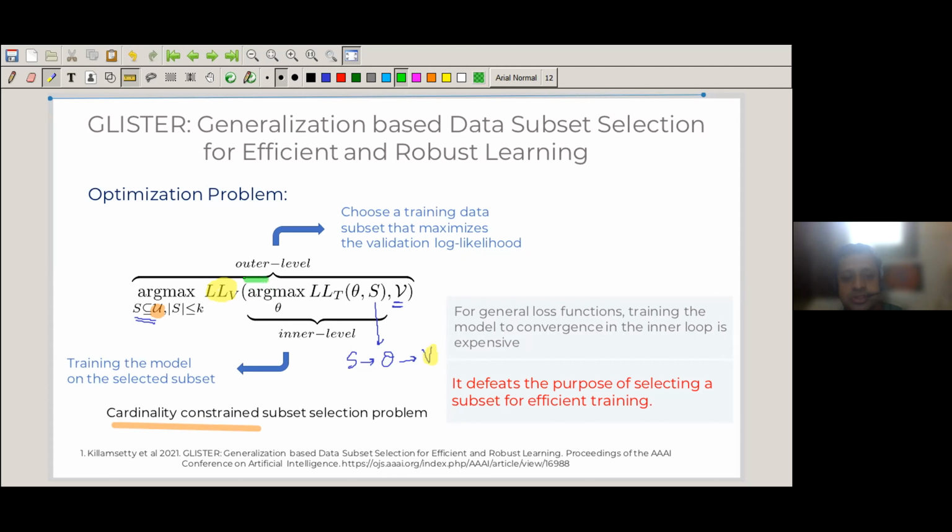This is a very expensive step, because every time you identify a subset, I'm going to estimate the parameters theta. So the inner loop is expensive, and in some sense defeats the purpose of selecting a subset. I have a 10% subset, but to find that 10% subset, I have to keep computing theta, identify another 10% subset, find the theta, and then somehow over this large search space, find the right 10% subset. Absolutely defeating the purpose, right? You might as well fall back on Craig, which I described earlier.